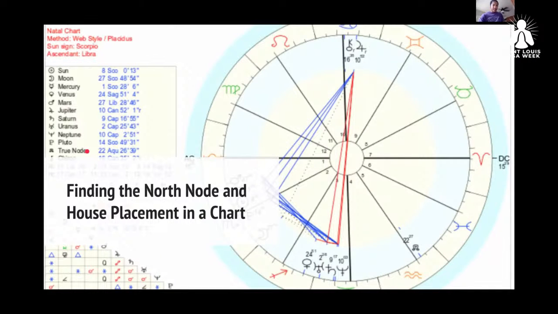You'll get down to True Node, and that's going to be your North Node placement. To the right of that, it'll give you a number, and then the first 3 letters of the sign name. So in this example, it's 22 degrees and 26 seconds of Aquarius.